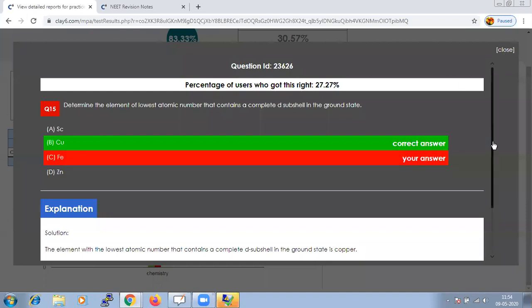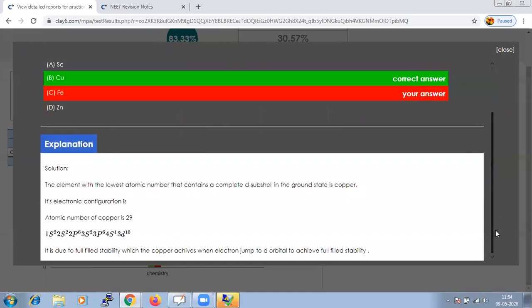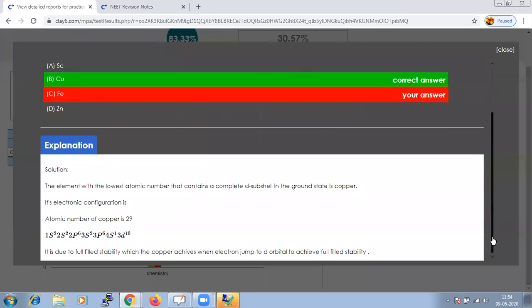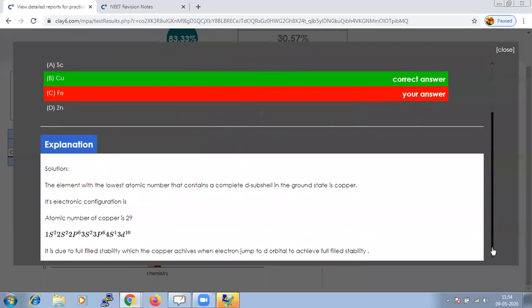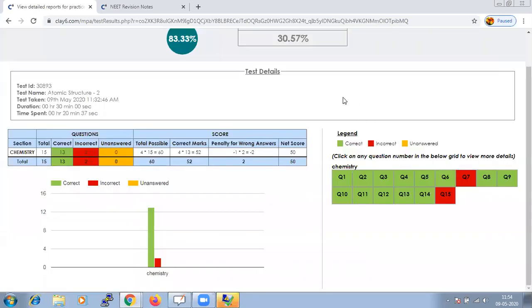If you go to the question you got wrong, you will be able to find the right answer with explanation, which will be very useful for you to find your own mistake and learn the right answer.